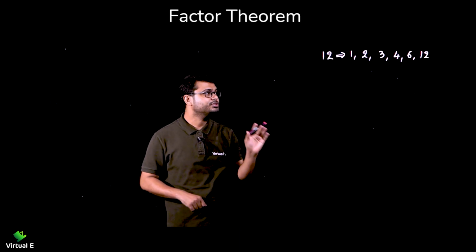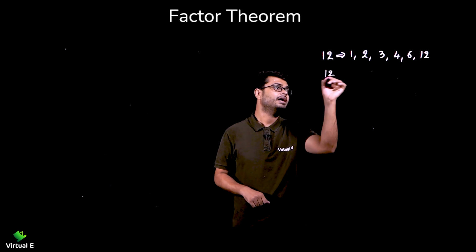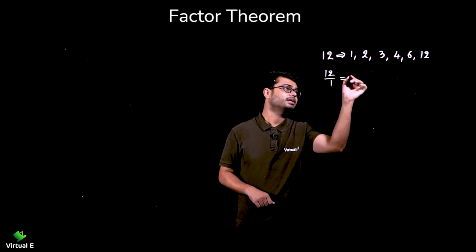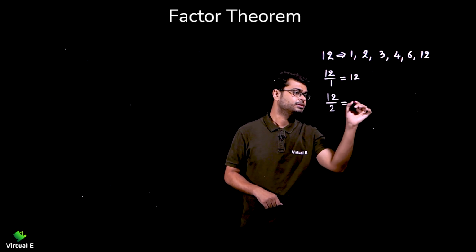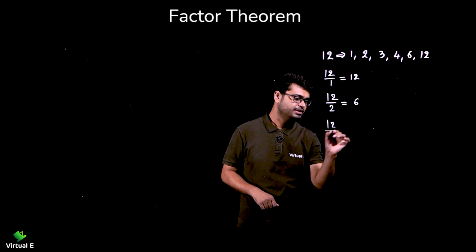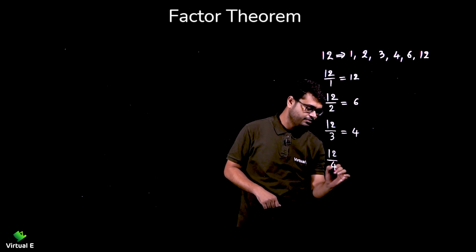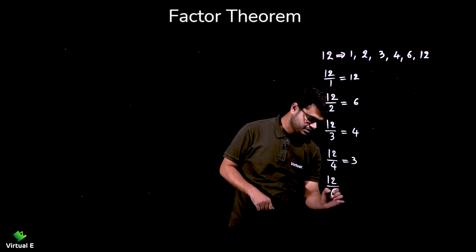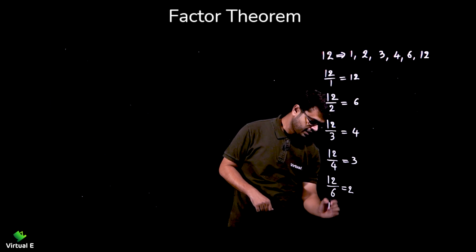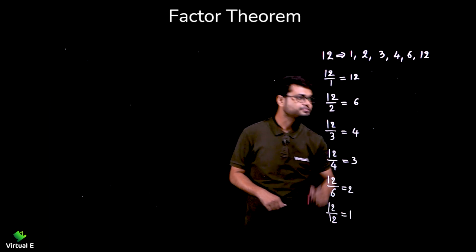Now, what we need to understand is that if you divide 12 by any factor, say 12 divided by 2, that is 6, 12 divided by 3, that's 4, 12 divided by 4, that's 3, and 12 divided by 6 is 2, and 12 divided by 12 will be 1.